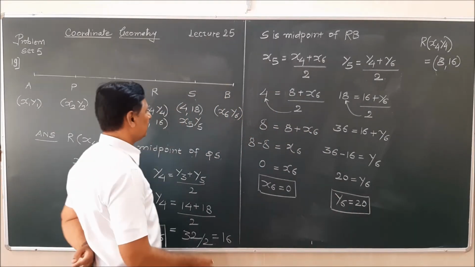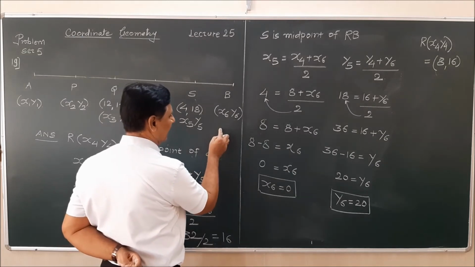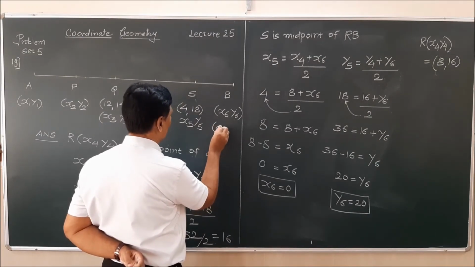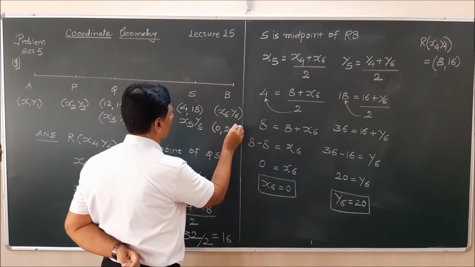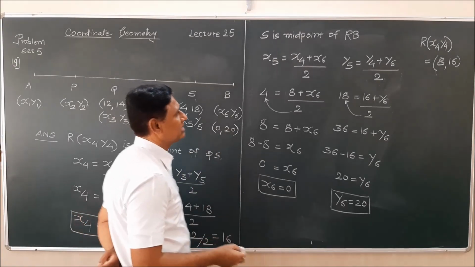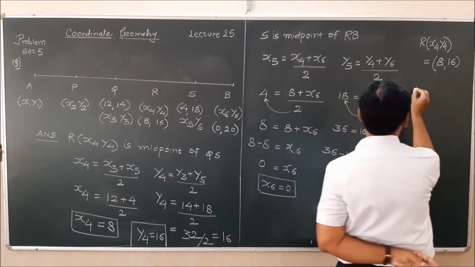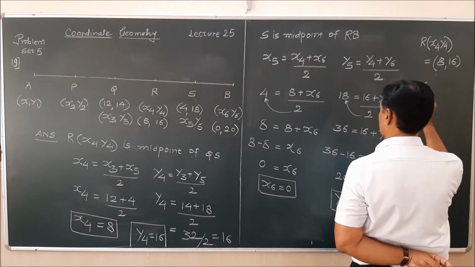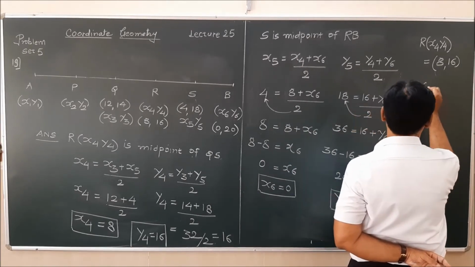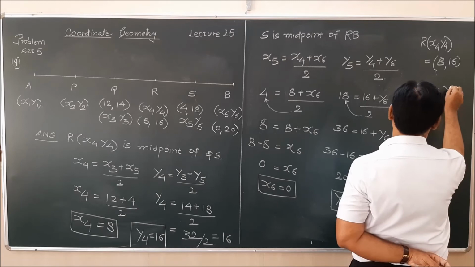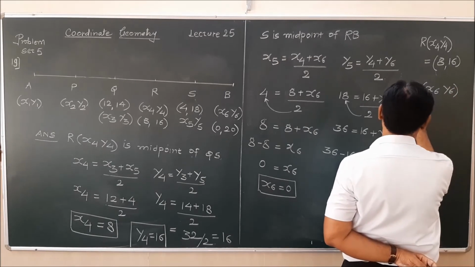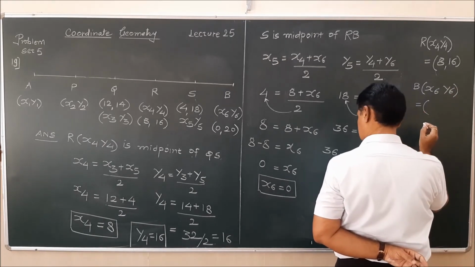This is how we got the values of x6, y6, that is 0, comma 20. So I write here coordinates of B, x6, y6.